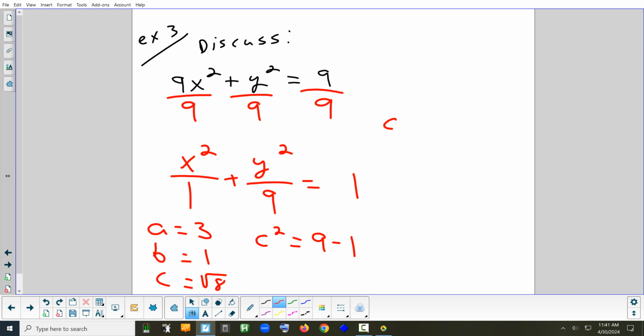Okay, center. Where's the center? 0, 0. Let's do the direction of the major axis. Yep, always want to do those two things first because everything else is based off those. So major axis is vertical. The vertices.